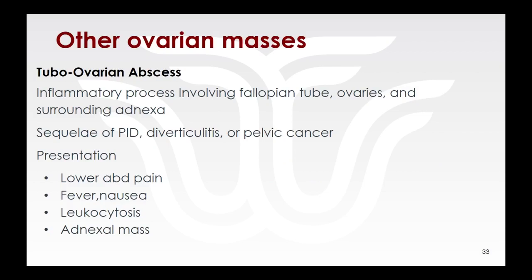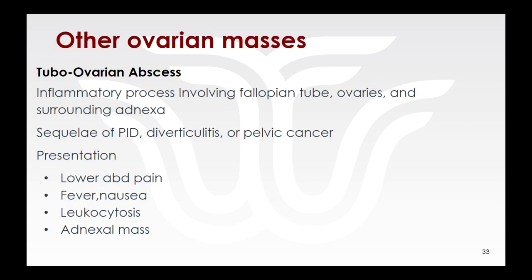A tubo-ovarian abscess is exactly what it sounds like. There's an abscess somewhere, either involving the tube, ovaries, and the adnexa there. Again, another consequence of PID, diverticulitis, right? So the bowel issues, or pelvic cancer.